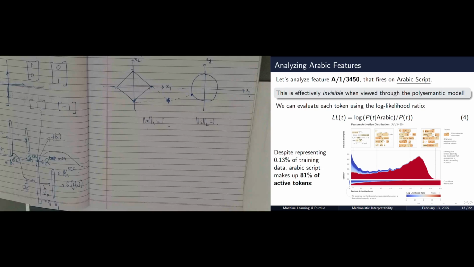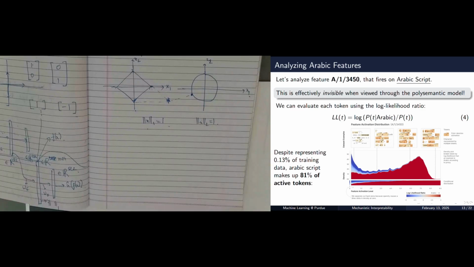They computed the log of this ratio in order to identify how likely you were to see Arabic in a particular setting. And despite representing just a small percentage of your training data, the Arabic script for this particular feature makes up 81% of the active tokens, which is tokens that positively activate for the given feature.